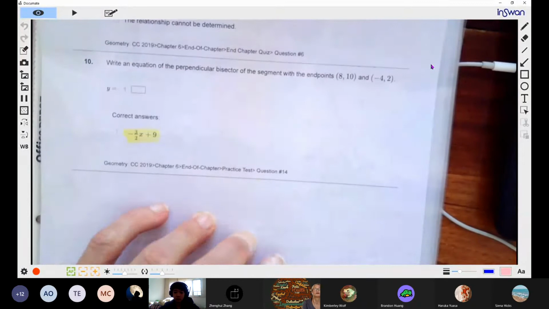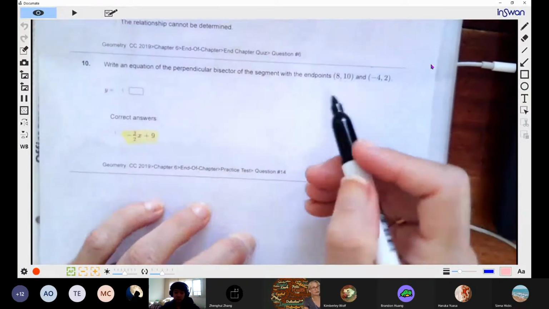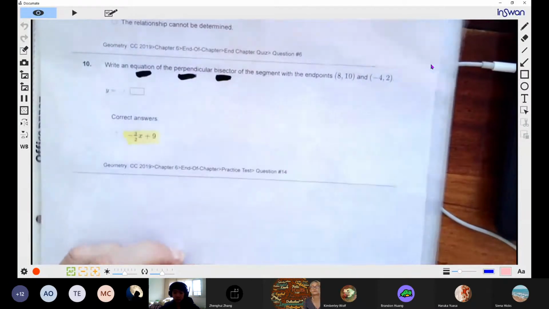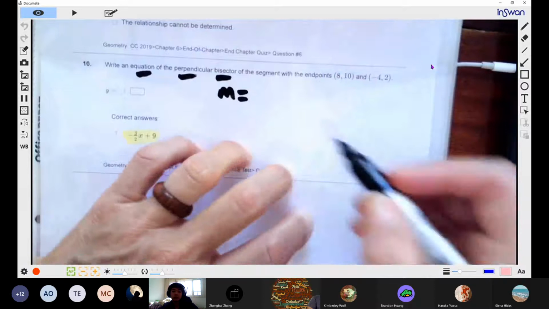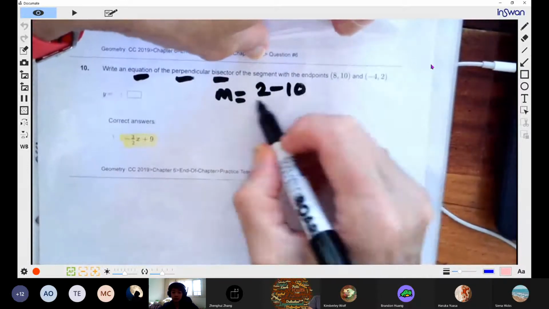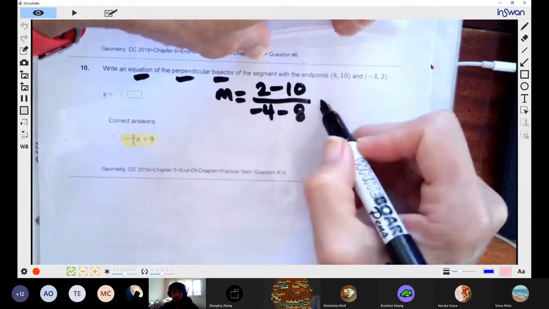Angle measurement. Again, we have a perpendicular bisector, just different numbers, so 3 steps. Perpendicular, then bisector, then equation. Okay, so let's start with the slope, which is 2 minus 10, the y's, over the x's.